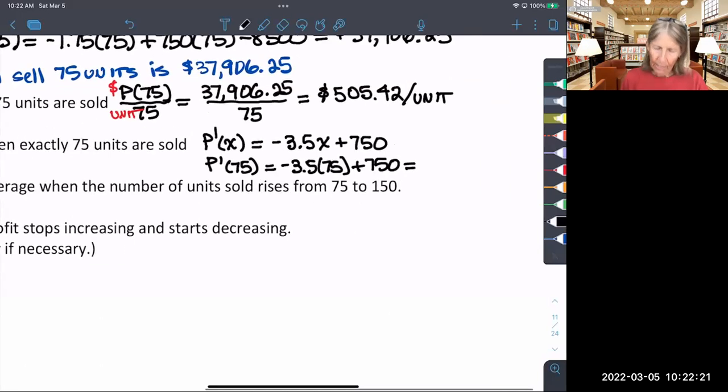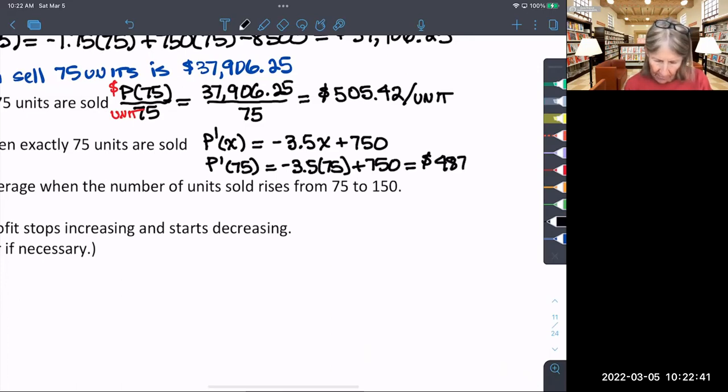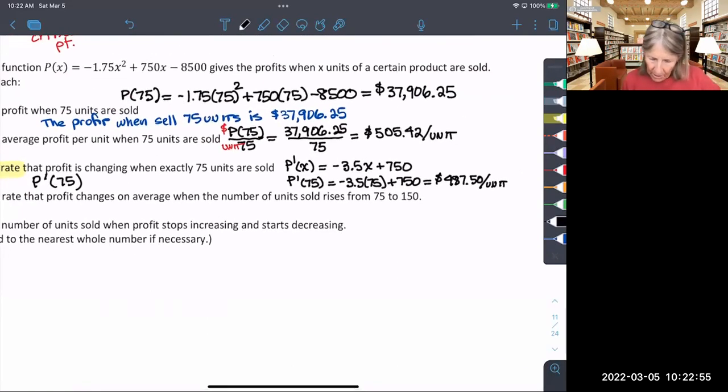And then what we're going to get here, it's a rate of change. So it will be dollars because it's profit, and then units because we're putting in units. So it's dollars per unit. So let's see, what do we get? If we plug this in here, looks like in dollars per unit, 487.50 per unit. Okay, so I'm going to put this in words so that you're sure and clear what this is telling you. So this number, this 487.50, is telling you how the profit is changing.